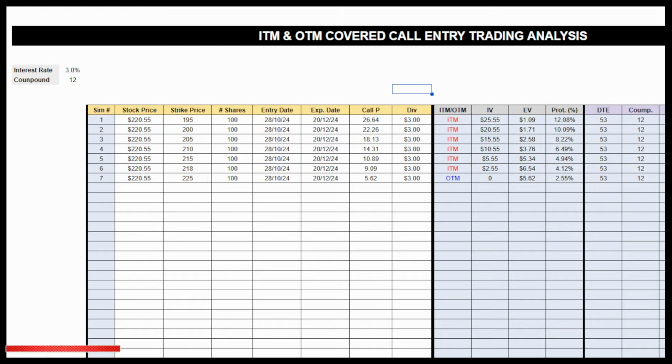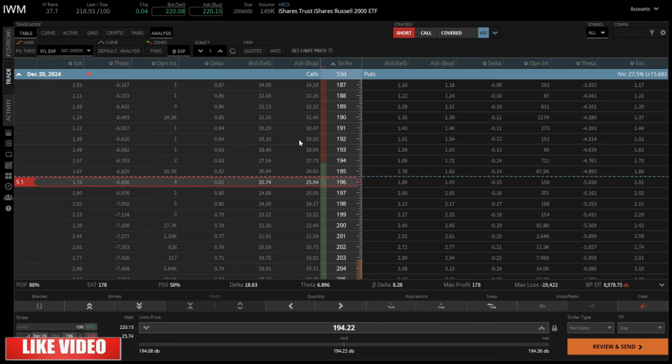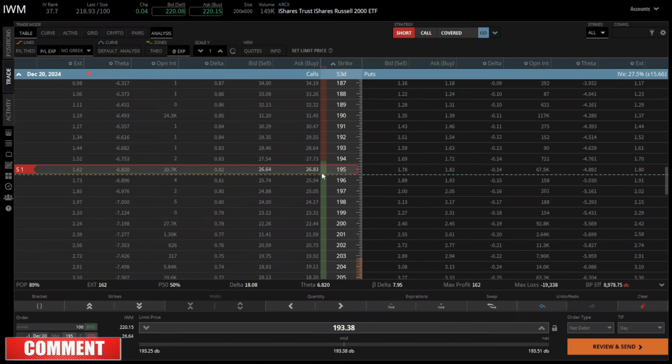Let's go back to our 195 option. Let me go here to a covered call with the 195 strike price. So if I go back here to our TastyWorks, okay, the 195 strike price, as you can see here, 195, we're going to sell here at the bid, and this is one contract, by the way, 53 days to expiration.